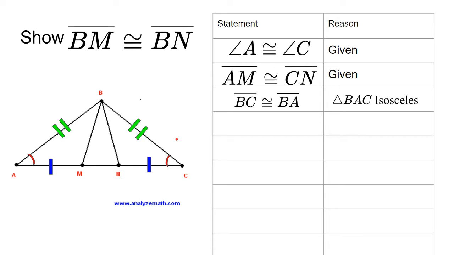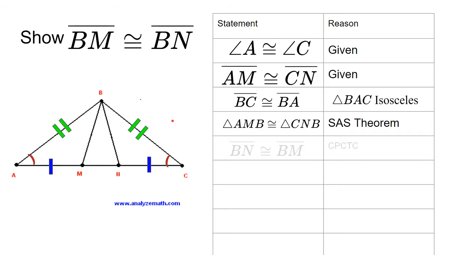So that means that line segment BC is congruent to line segment AB, which is perfect, because then we can say the two outside triangles, triangle AMB and CNB, sorry, are congruent by the side angle side theorem.